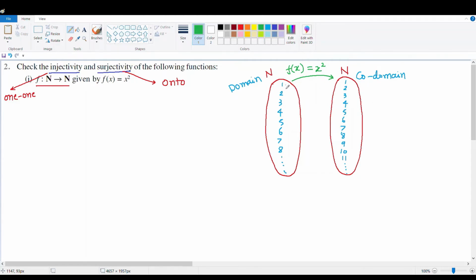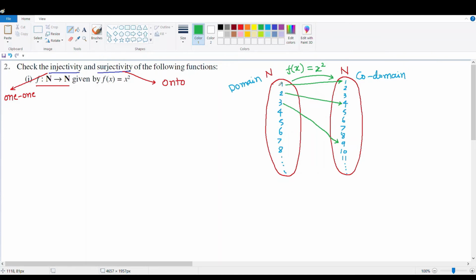So 1, square of 1 is going to get connected to 1. 2, that means square of 2 is going to get connected to 4. 3, that means square of 3 is going to get connected to 9. 4 is going to connect to 16. 5, 25. All those numbers are there, but I couldn't write them because there are infinitely many numbers in here. But you guys got the idea that it's going to get connected this way.